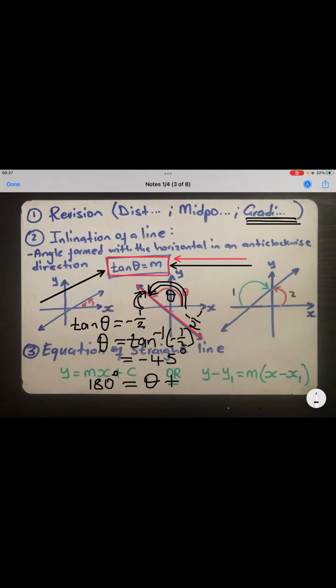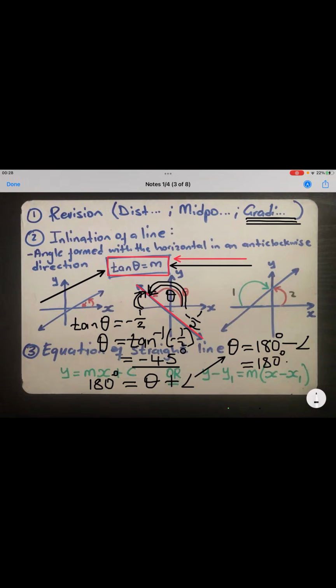So that is why we end up saying the angle of inclination for that line having a negative gradient, where when you calculate you get a negative angle, is equal to 180 degrees, then you are obviously going to minus that angle that you got. So in short, you are going to say 180 degrees minus 45 degrees.